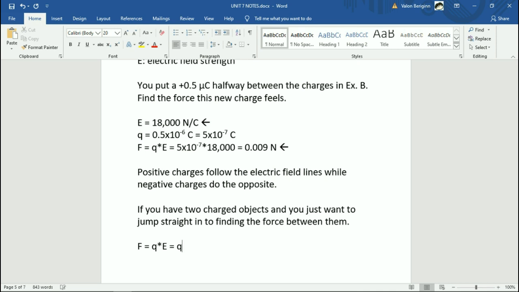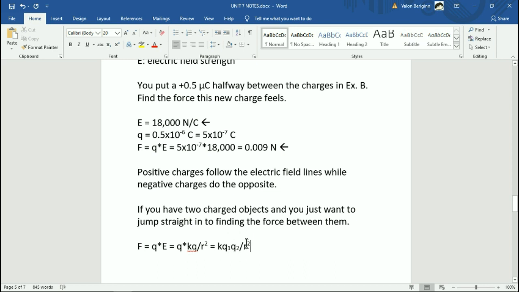We have Q times kQ over r squared. Now remember, these two charges are different. One of these charges is creating the field, and the other charge is not doing that. So we want to separate these charges: F equals k times Q1 times Q2 divided by r squared. This is a way of jumping straight to force if you have two charges and you want to know the force between them.